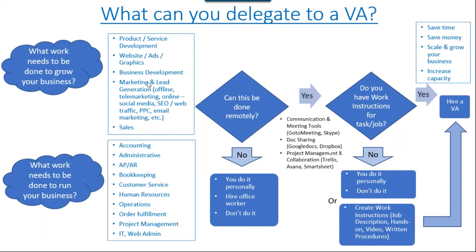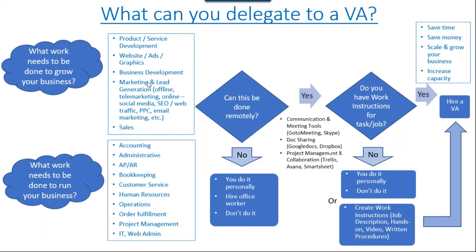HR, someone who's going to manage your workforce or who does recruiting for you. General operations, order fulfillment, project management, managing whether it's a marketing campaign or whatever activities you're having to manage on your own, possibly having someone do project management for you, or IT, web administration.